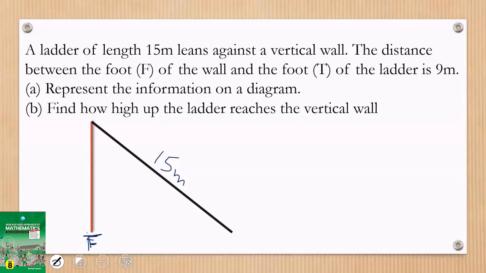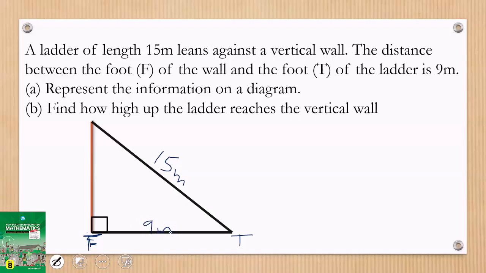And we can also draw the level ground, and that will make an angle of 90 degrees with the wall. If F is the foot of the wall and T is the foot of the ladder, I can put T here. And the distance between the foot of the wall and the foot of the ladder is 9 meters. So that is here.